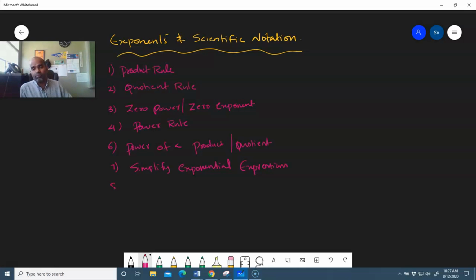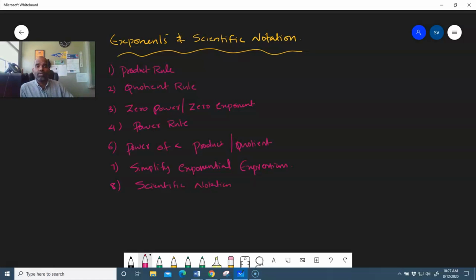and like all other sessions, here also the explanation is ending with scientific notation. All exponent classes are actually ending with this kind of a discussion. So scientific notation.